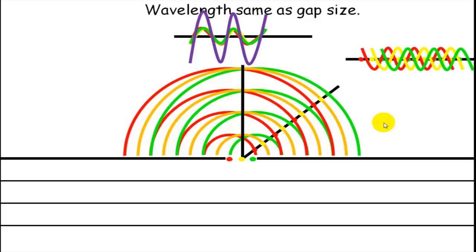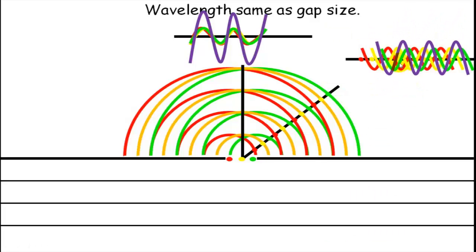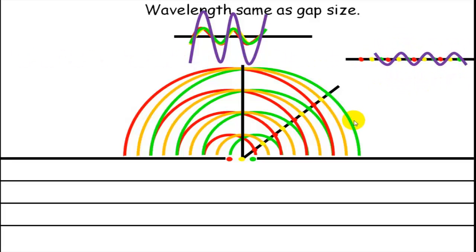Okay, now it's a bit hard to see what's going on here, but you could, for instance, take the green and the yellow line, add them up, and you can see that because they're together like this, that the purple line replaces the green and the yellow line. Okay, and now these are going to cancel each other out, but because the purple line is slightly bigger than the red line, you're still going to have some displacement.